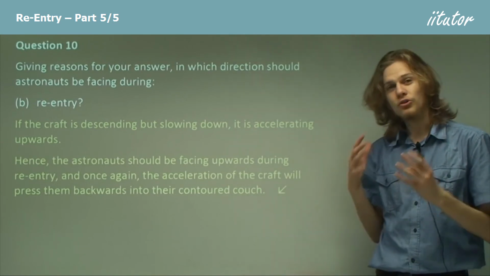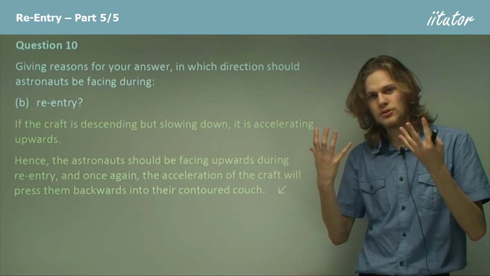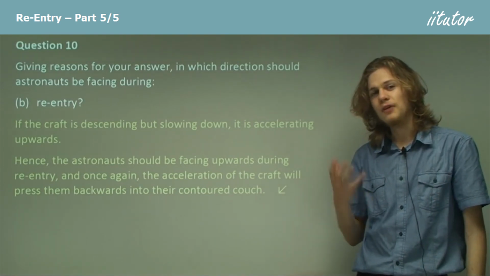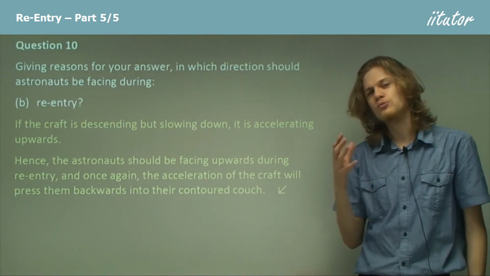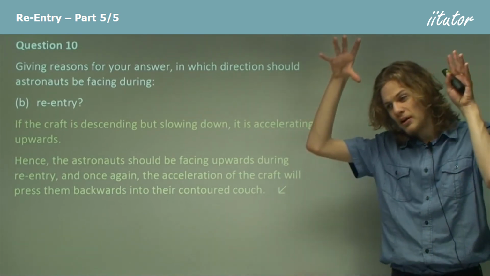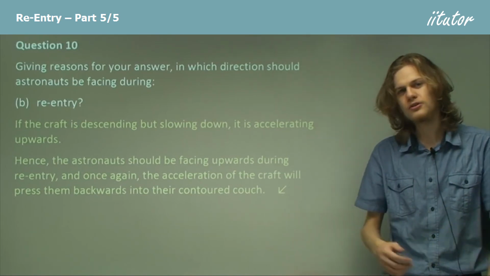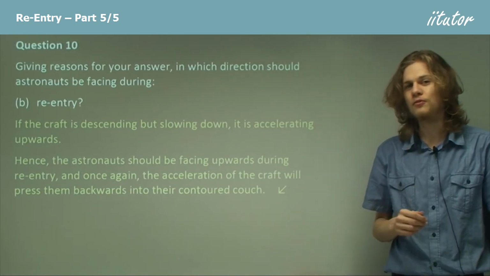That means that, once again, we should be at the bottom of the spacecraft facing upwards, facing, in fact, in the same direction as when we launch. This means that the g-forces will press down on the astronauts and push them into their contoured couches, and that will, of course, minimize the harmful effects of g-force.